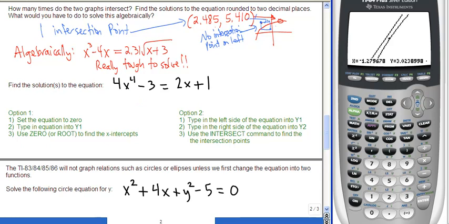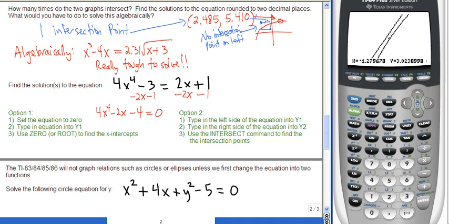I like having this fourth degree term positive, so I'm going to leave the two terms on the left side where they are, and subtract the 2x and the 1 and move these over to the right side. So this becomes 4x to the fourth minus 2x, and minus 3 minus 1 gives me a minus 4. And now you have a 0 on the right hand side.